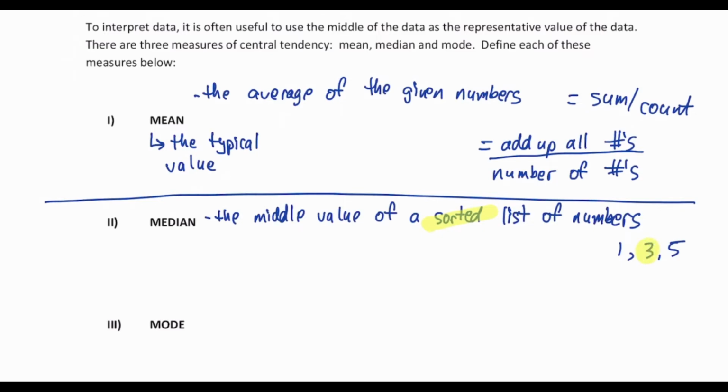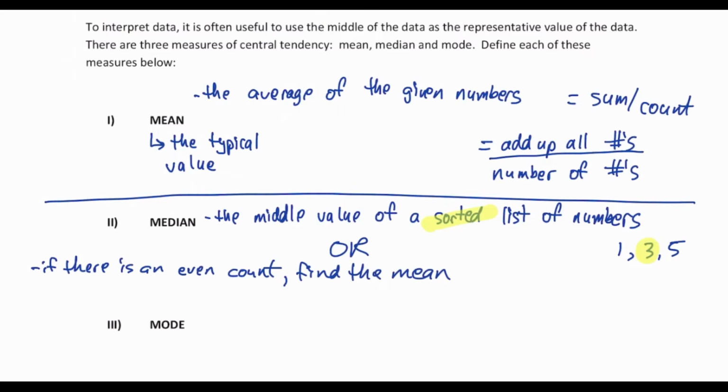What happens if I had an even amount of numbers? What if there were 4 numbers? So the other way to find the median is if there is an even count, so an even number of numbers, then we find the mean or average of the two central numbers.